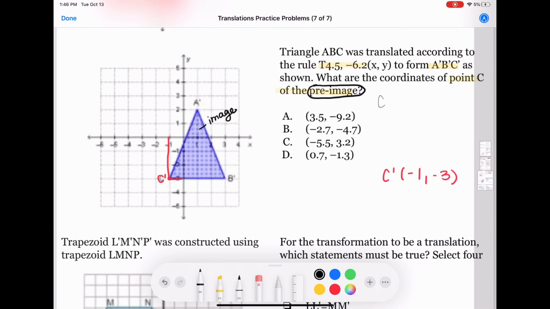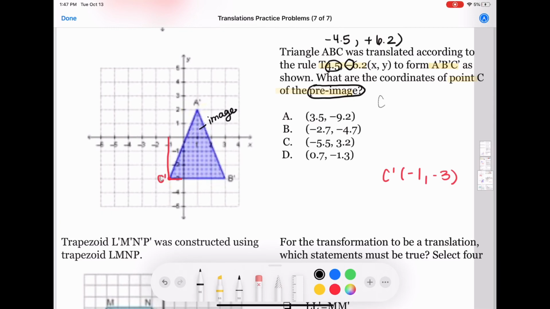Well, in order to work backwards, the easiest thing to do is, because we know in this instance we added 4.5, we would subtract 4.5. And in this instance, because we subtracted, we would add.